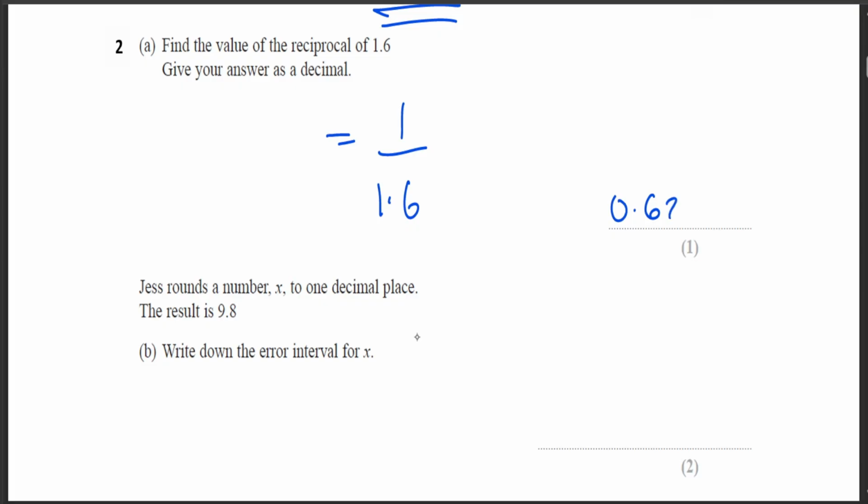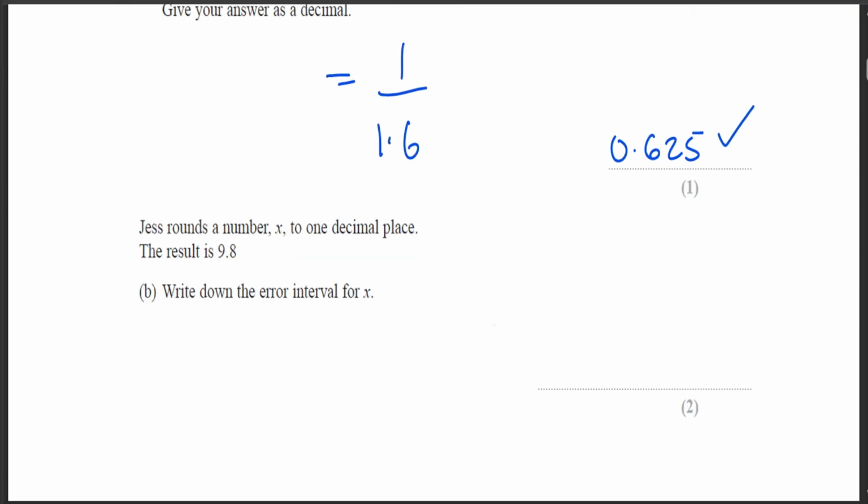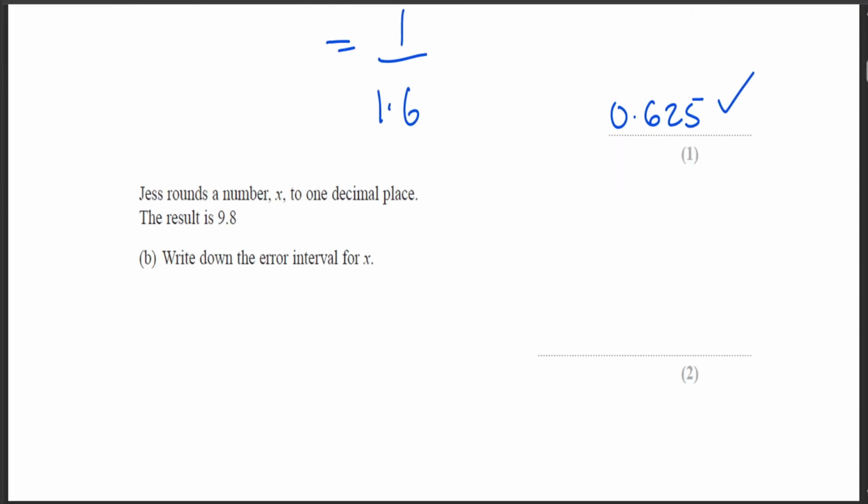That is your answer. The other question: a number x is rounded to one decimal place. The result is 9.8. Write down the error interval for x. Now the accuracy is around 0.1 because it's one decimal place. If you multiply by half, it's going to give you 0.05.